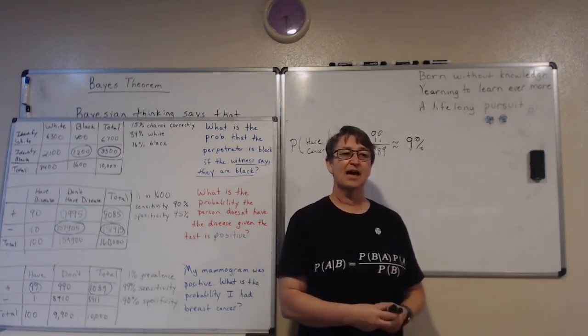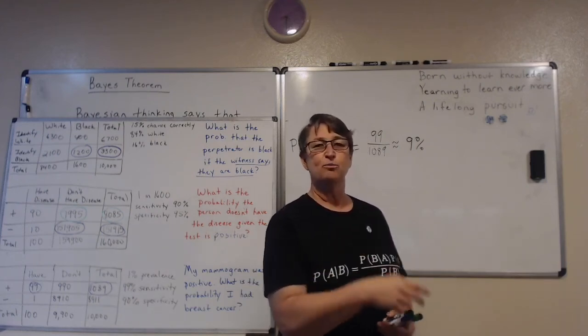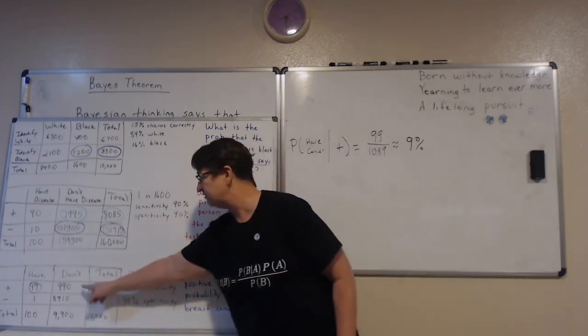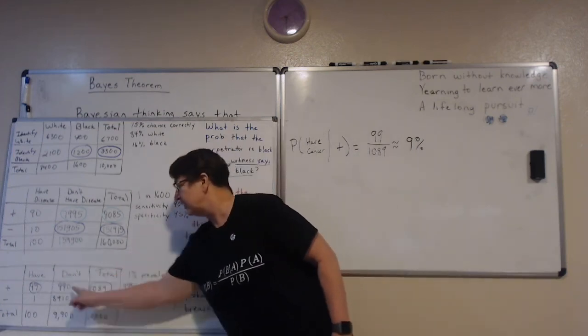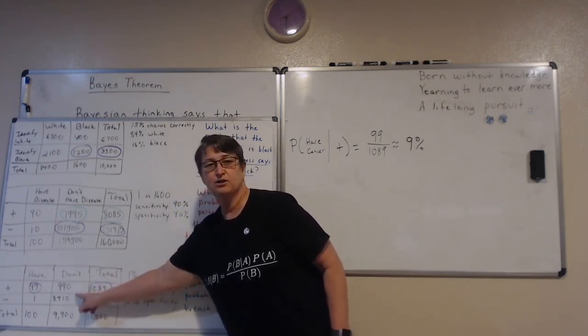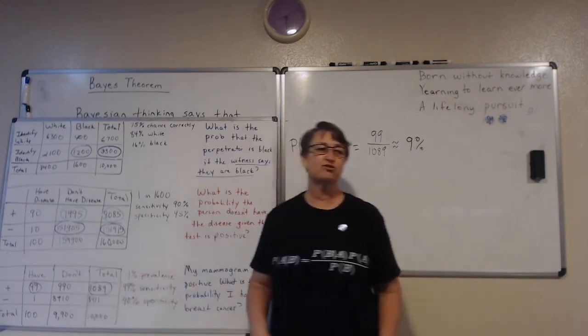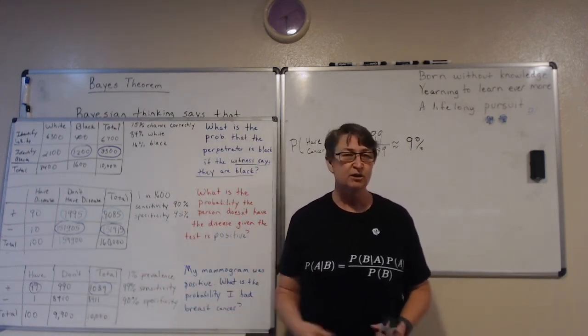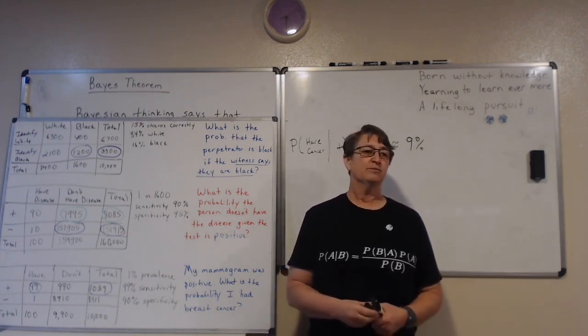And exactly like Mr. Simpson said, too many false positives. I was one of those 990. Too many of those false positives causes anxiety, it costs money, it's a drain on the medical system.